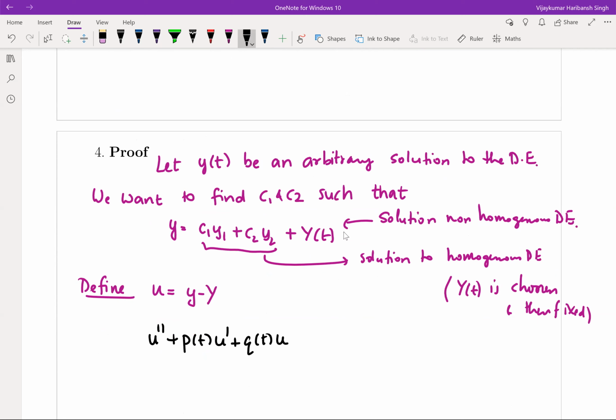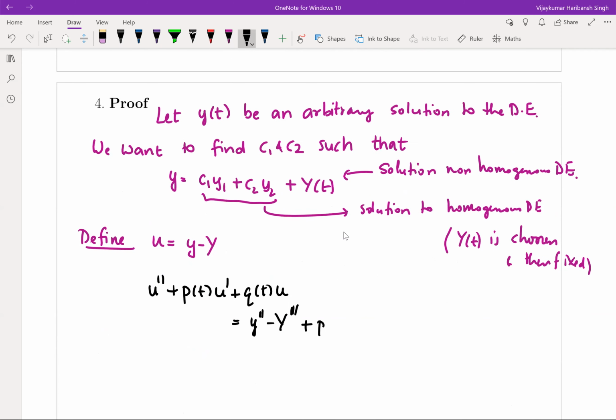When we do this, u'' will give us y'' - Y''. Plus p(t) u', which is y' - Y', plus q(t) u, where u is again y - Y. So simplify and combine.